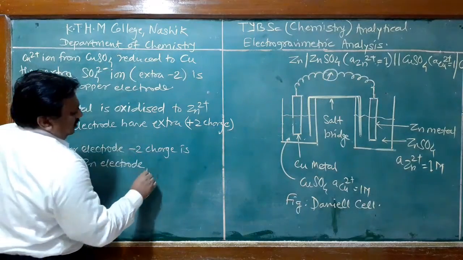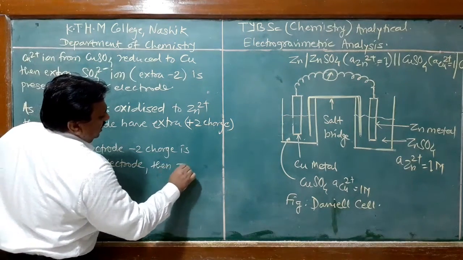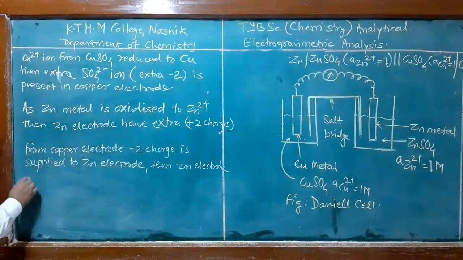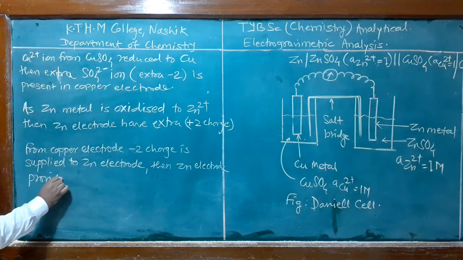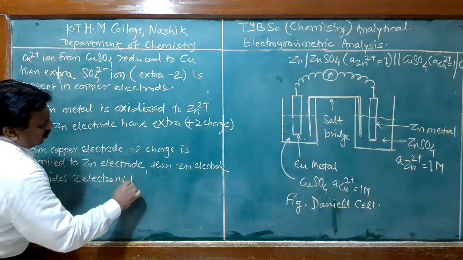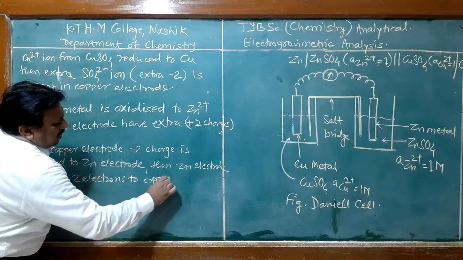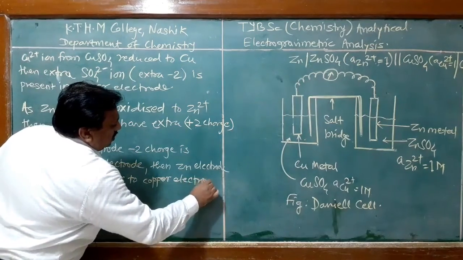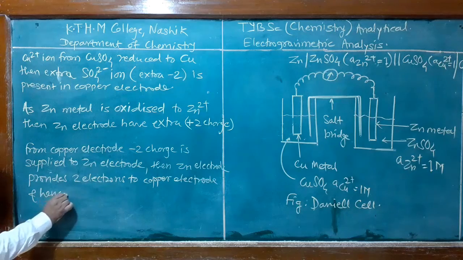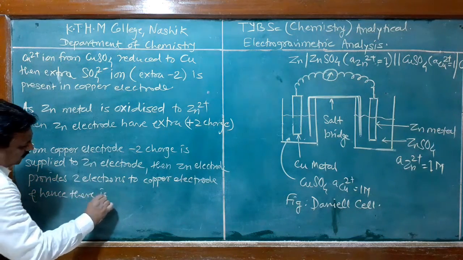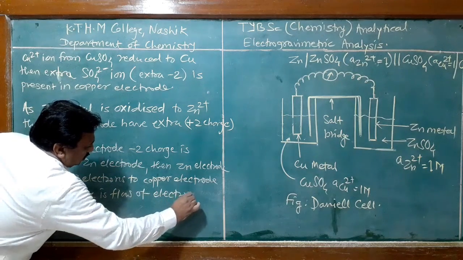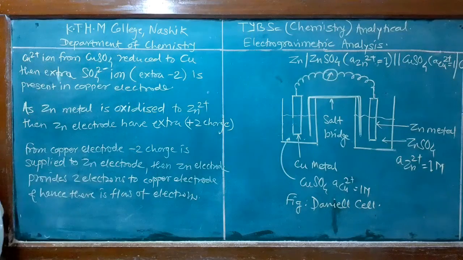Then the zinc electrode provides 2 electrons to the copper electrode, and hence there is flow of electrons, or flow of electricity.